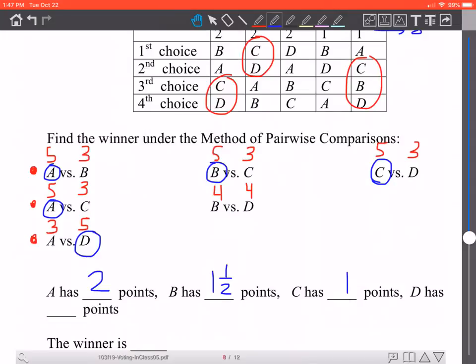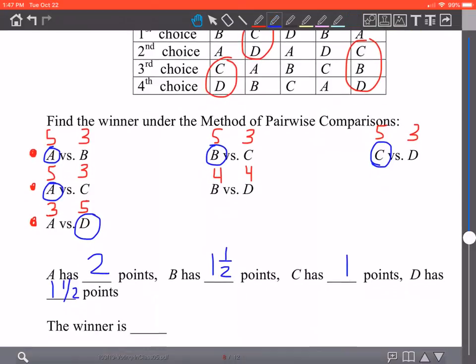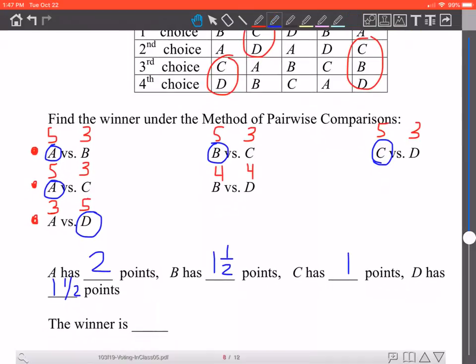Yep, D has 1.5 points because D was also involved in a tie. So the winner in the method of pairwise comparisons is not always the Condorcet candidate. Obviously, if they are the Condorcet candidate, they automatically win, but in this case, the winner is A, because they have the most points based on their head-to-head competitions.